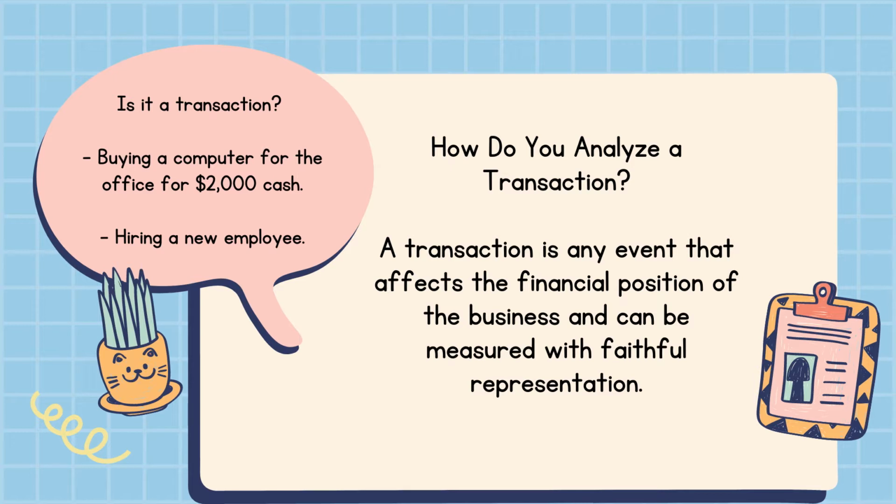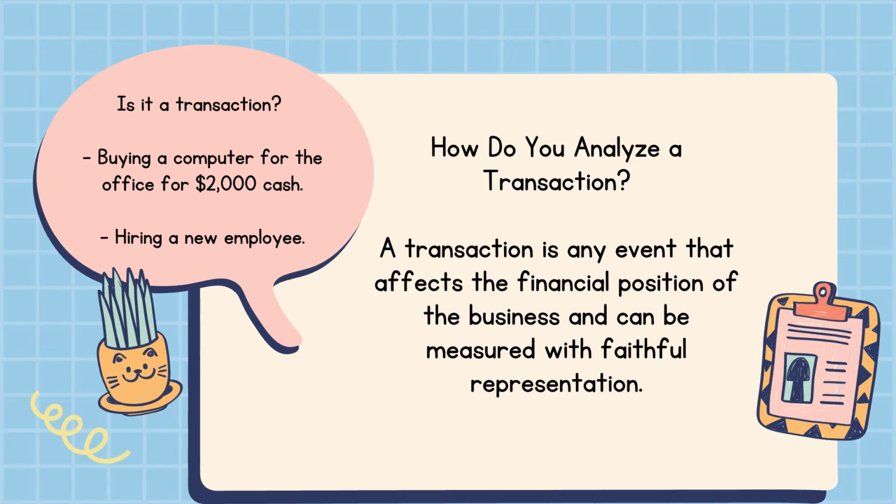How do you analyze a transaction? A transaction is any event that affects the financial position of the business and can be measured with faithful representation. So, this event should affect the financial position of the business, which means it should affect what the company has, which is assets, or what the company owes, which is liability, or the company's net worth, which is equity.